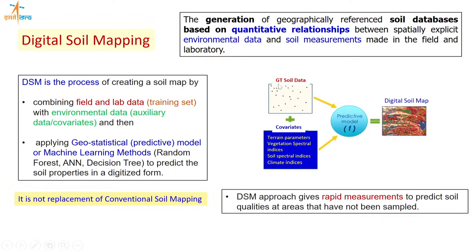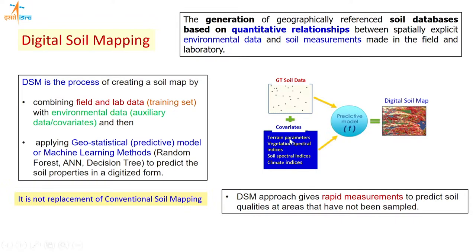So if you see here, ground truth soil data, you have collected point samples, and for each point sample you know the soil characteristics, for example organic carbon, pH, texture, depth, any properties of the soil.